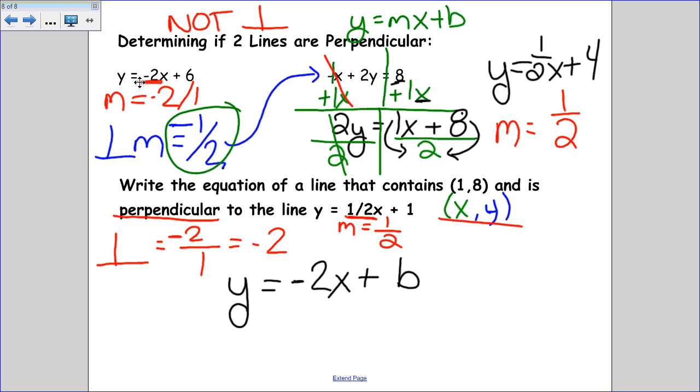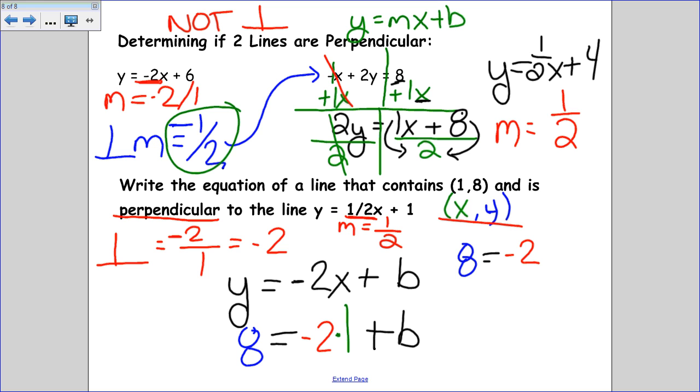We have a y of 8, so we could say 8 equals -2, that was our slope, x plus b. Did we know an x? Yeah, we did. Our x was 1. So it's -2 times 1. Let's simplify. We can say 8 equals -2, because -2 times 1 is just -2, plus b.